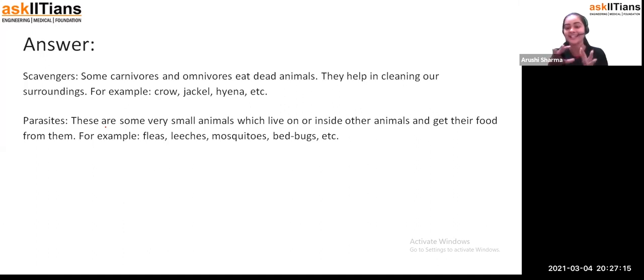How they get it is not the whole point here, but they are taking food from your body. So these are very small animals which live on or inside other animals and get their food from them. Those organisms are called parasites. For example, fleas, leeches, mosquitoes, and bed bugs. So those are the parasites and the scavengers.